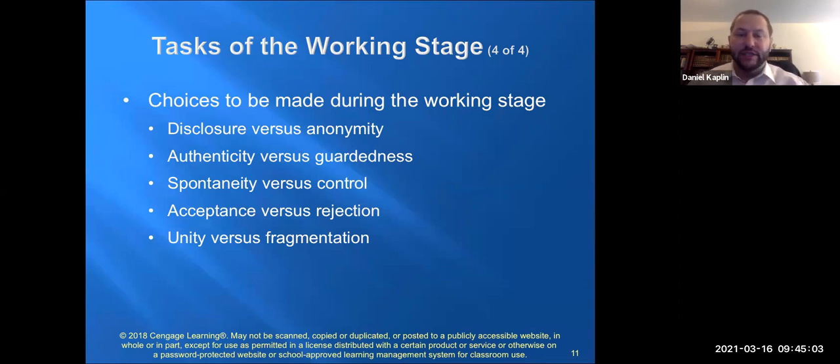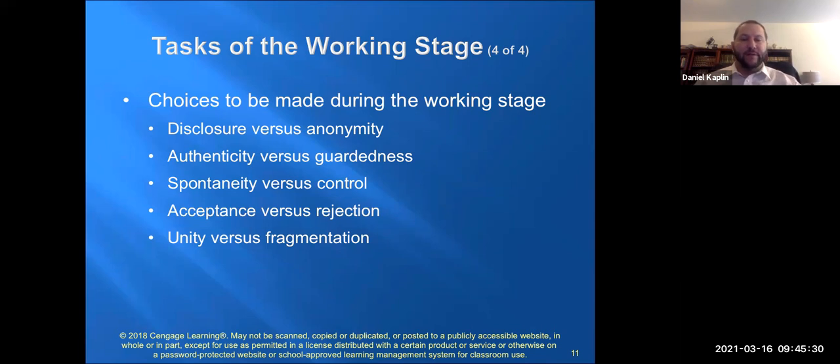Acceptance versus rejection. One of the biggest questions in the initial stage is whether or not you're going to be accepted or rejected, right? So at this point, you're making a decision whether you feel part of the group and accepted. If you feel more accepted, you're going to be more likely to participate. If you feel rejected, you're going to be more likely to distance yourself from the group and not take risks.